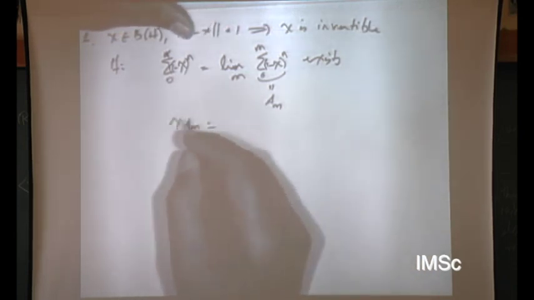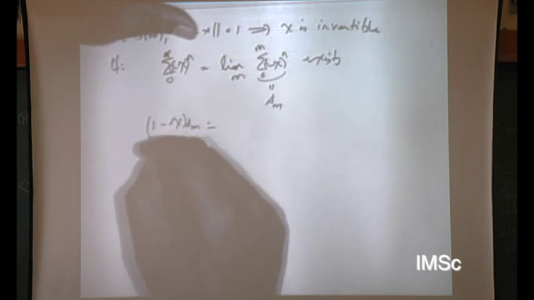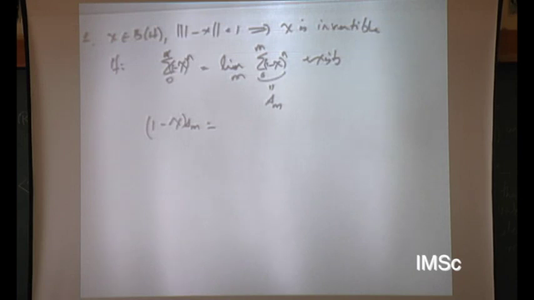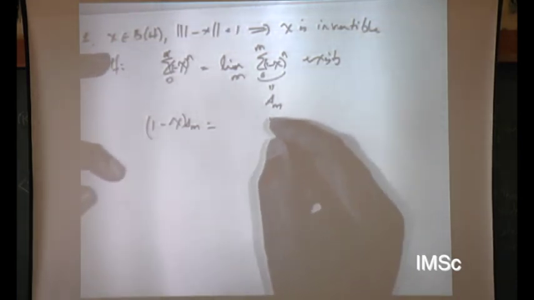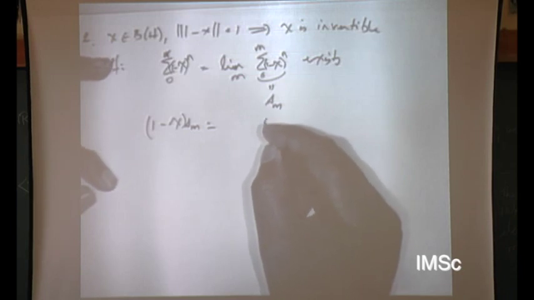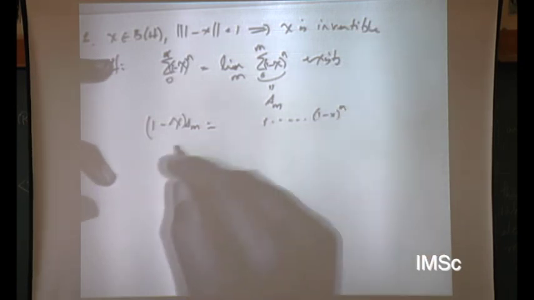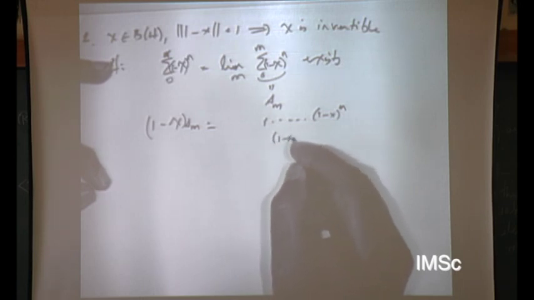Now, if you take 1 minus x times S_m, so what is the difference? It just slides everything. S_m is from 1 up to x to the m. If you multiply by 1 minus x, then you start from the first term.